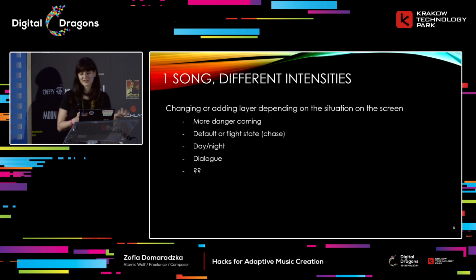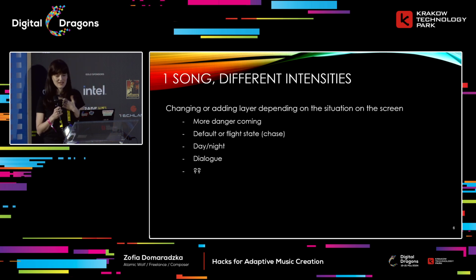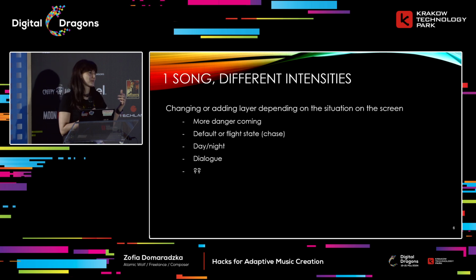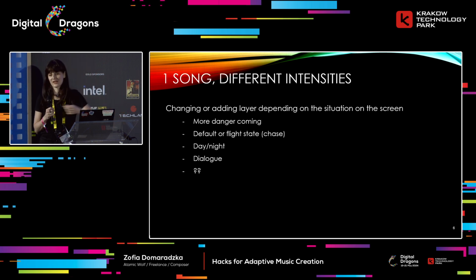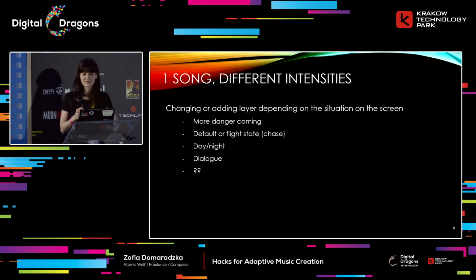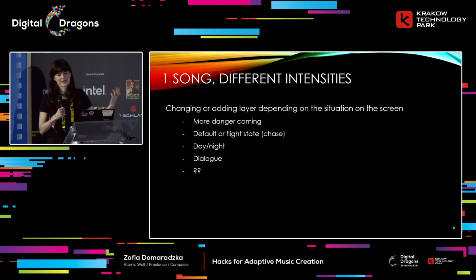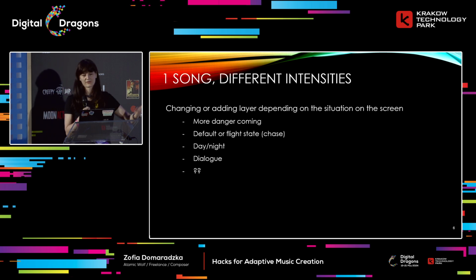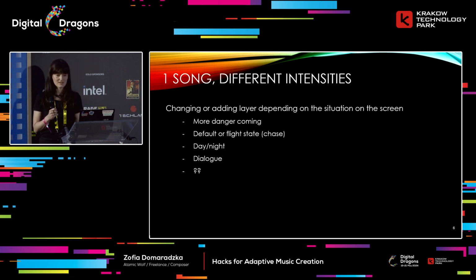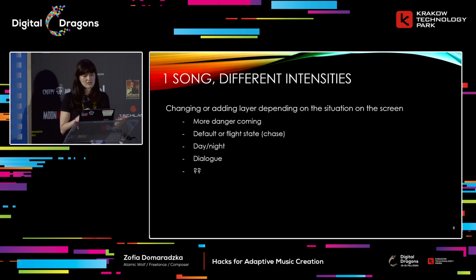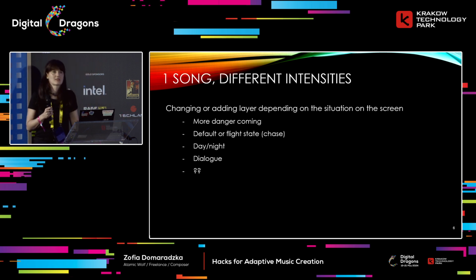But just a reminder, this is something I get asked about by my clients the most. Developers want to have their game respond to different situations seamlessly. You can have, for example, two layers, one basic layer and a second one that is added on top of it. So the theme is still the same, but the vibe changes, for example when more danger is coming.